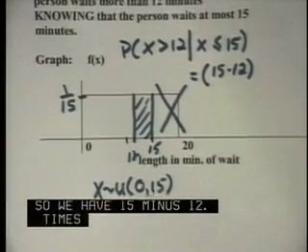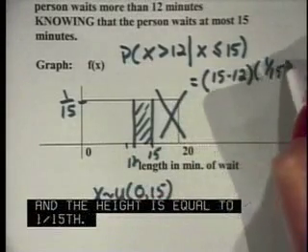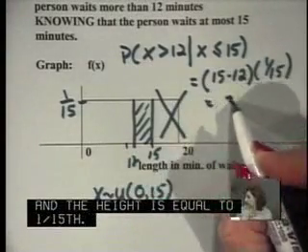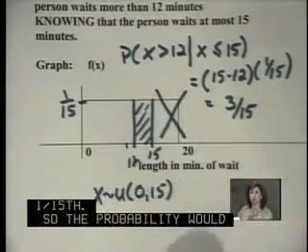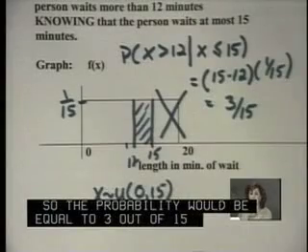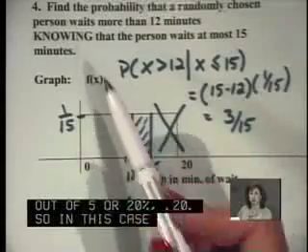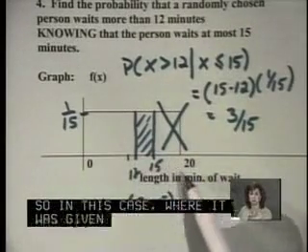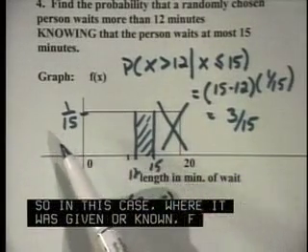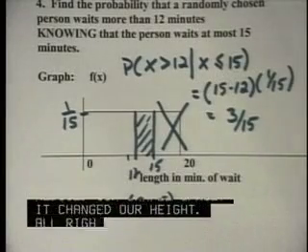And the height is equal to 1/15. So the probability would be equal to 3 out of 15, or 1 out of 5, or 20%, 0.20. So in this case where it was given or knowing, for the conditional, we reduced our sample space. It changed our height.